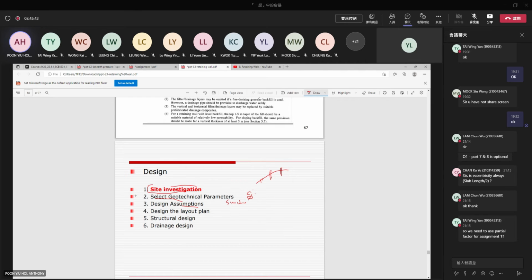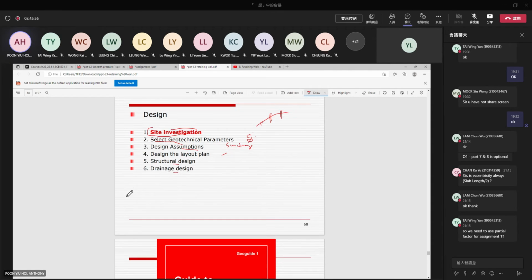For example, we have to assume the surcharge, etc. And then we have to decide the layout plan. Of course, in the wall design, we need to do the structural design, the drainage design. So this is the idea.